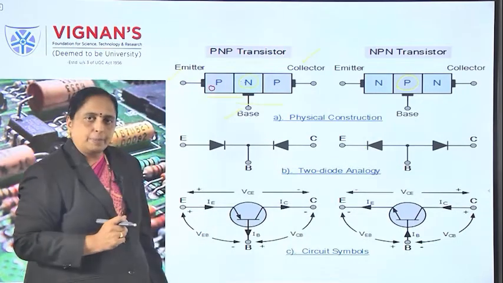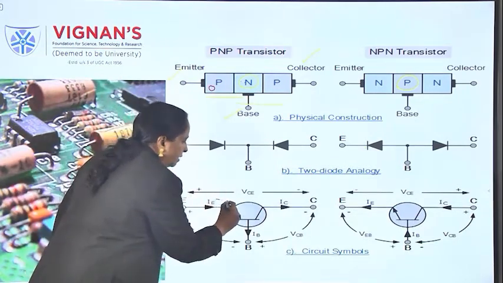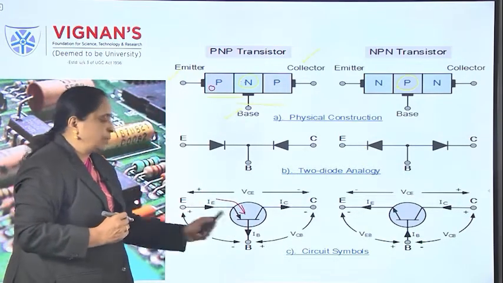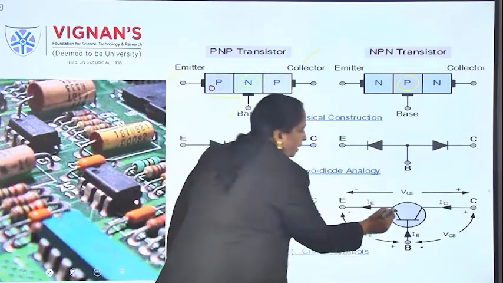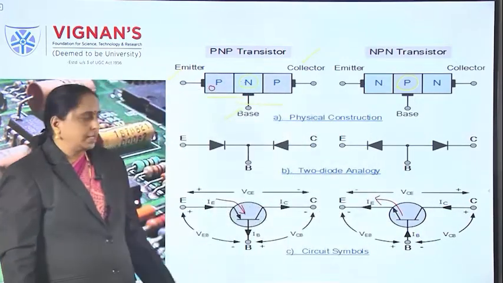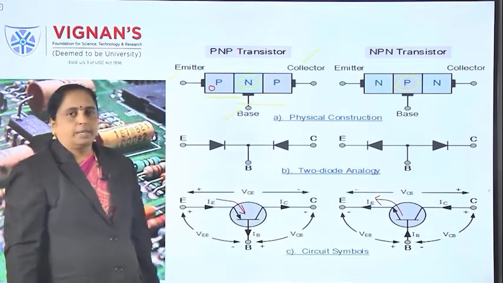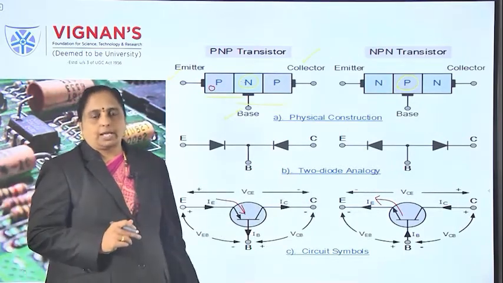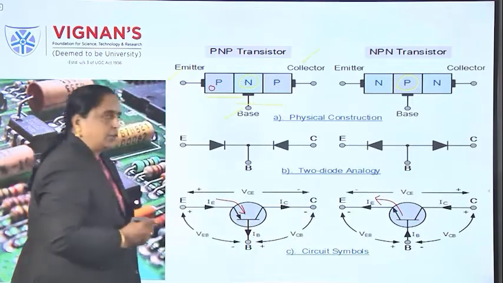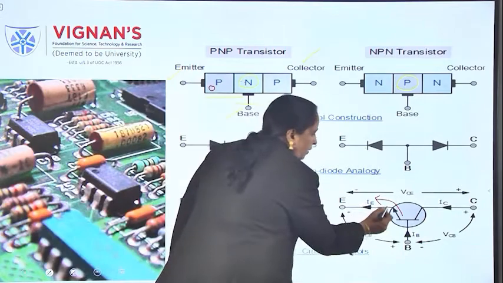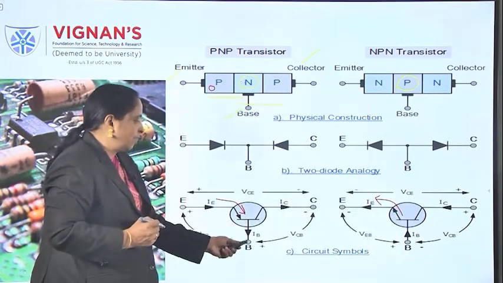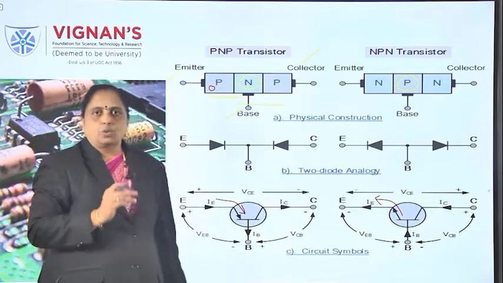Therefore, in case of PNP transistor, the arrowhead is from P to N, that is from emitter to base, whereas in case of NPN transistor, the direction of holes movement is from base to emitter. That's why the symbol is shown like that. Another point is that the arrow should always be given to the emitter. Here also the arrow is given to the emitter terminal, and the base is usually flat and the collector has no arrow.